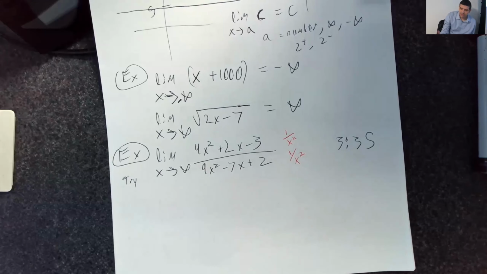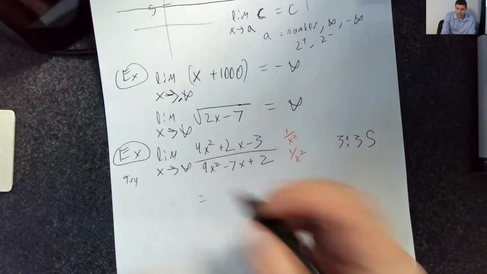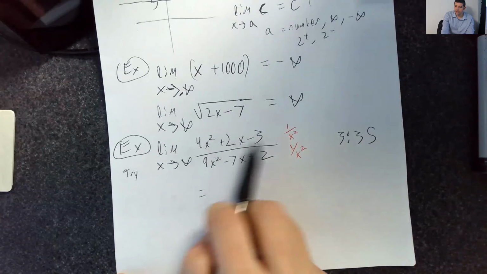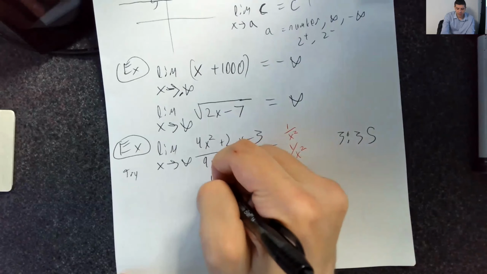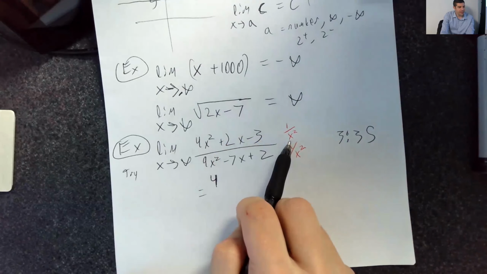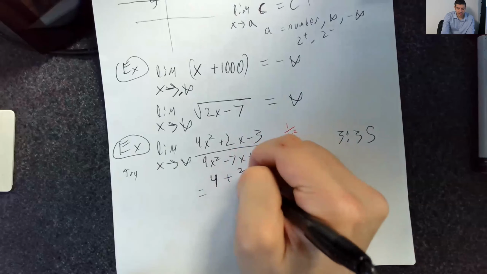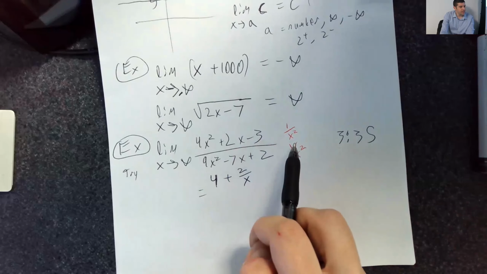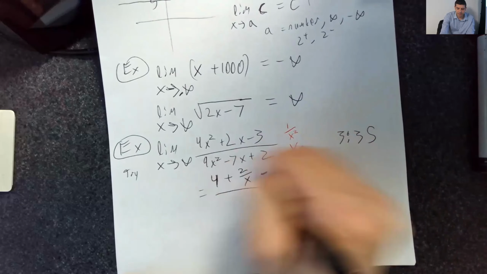Okay, so let's go through this. The numerator gets multiplied by 1 over x squared. So what should I have in the numerator? 4x squared over x squared is 4. 2x over x squared, if we simplify that, is 2 over x. Minus 3 over x squared.